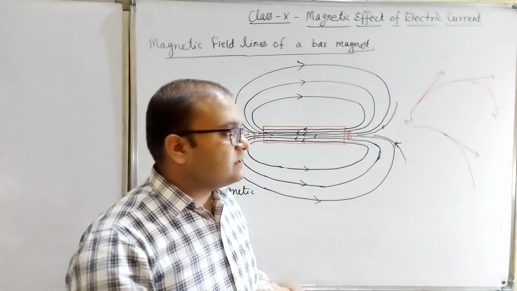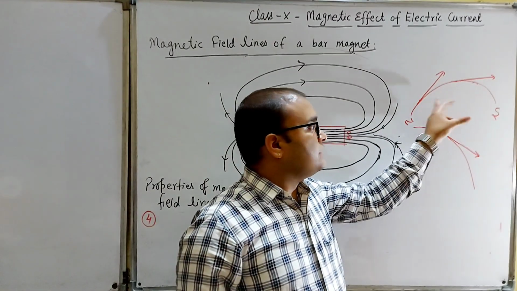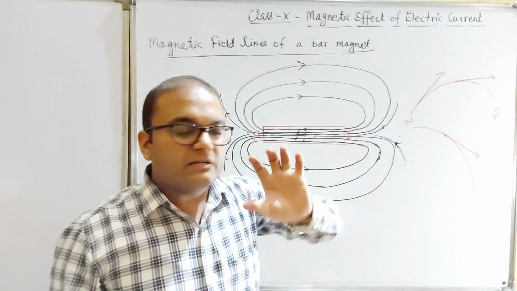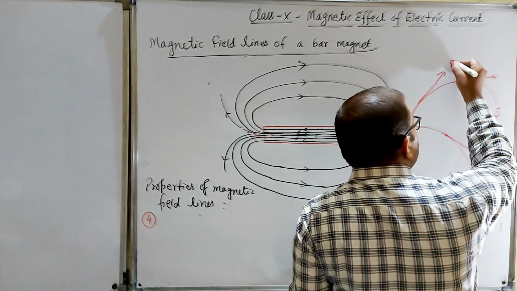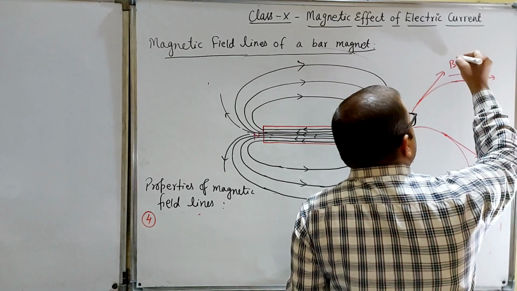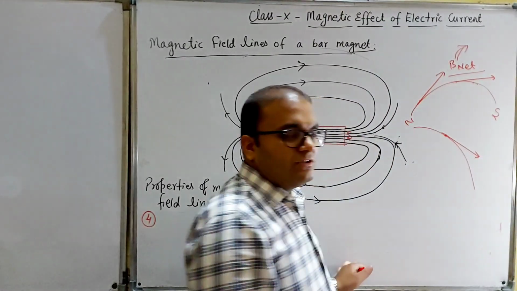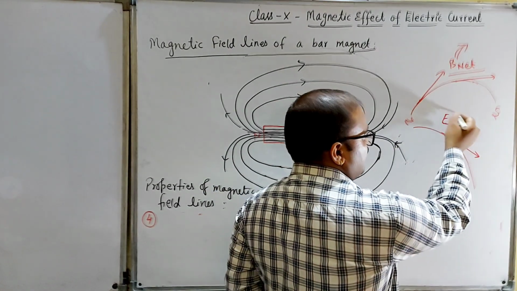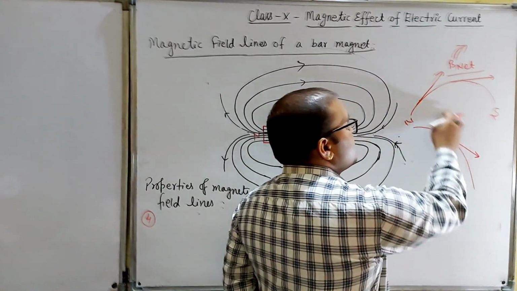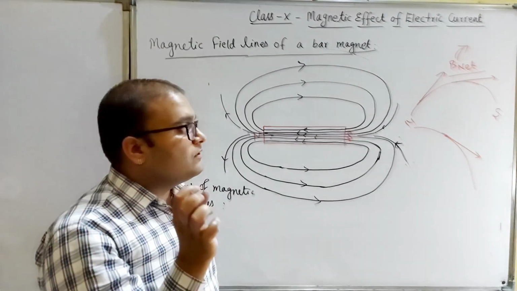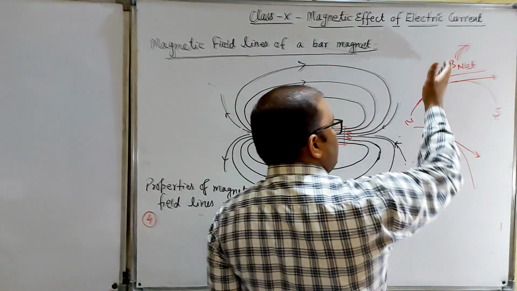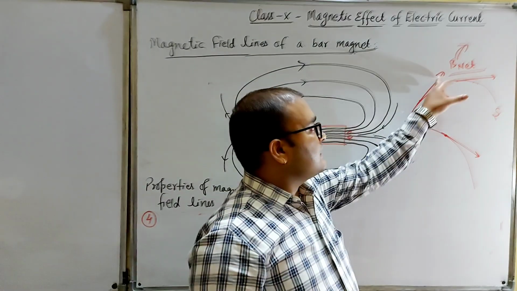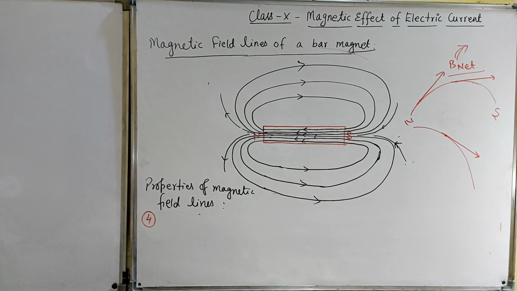So if we draw the tangent at any point on a magnetic field line, then the tangent gives the direction of net magnetic field. We denote the magnetic field by capital B, just as we denote the electric field by capital E.